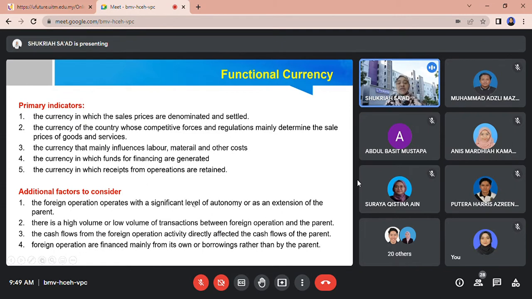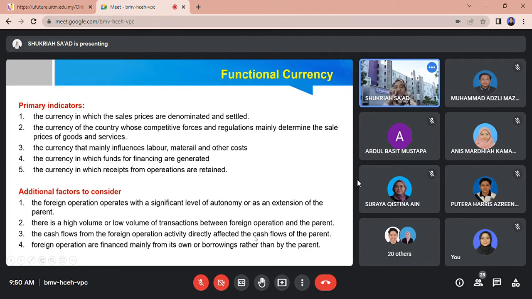The significant level of autonomy maknanya dia ada kuasa. Dia boleh everything dia buat sendiri, maknanya independence. Kalau as an extension of the parents, maksudnya dia depends on the parents. Ini macam panggil anak mak lah, depends on the parents. So we also can refer to the volume of the transaction. Banyak ke sikit. Number 3, cash flow.